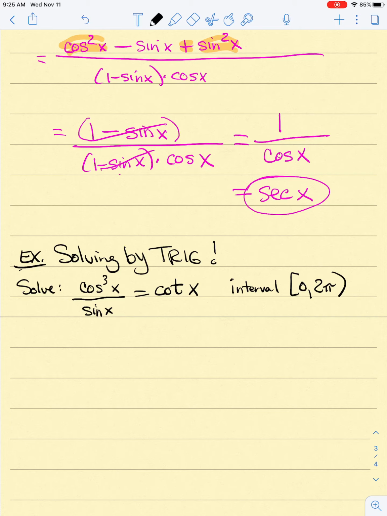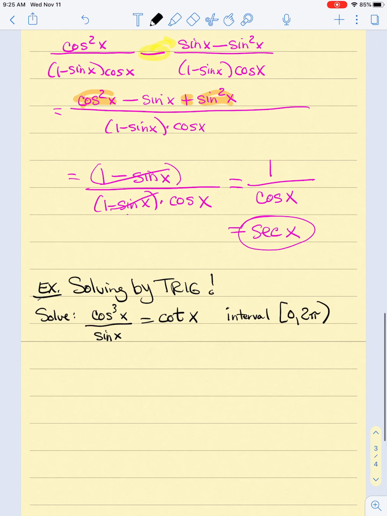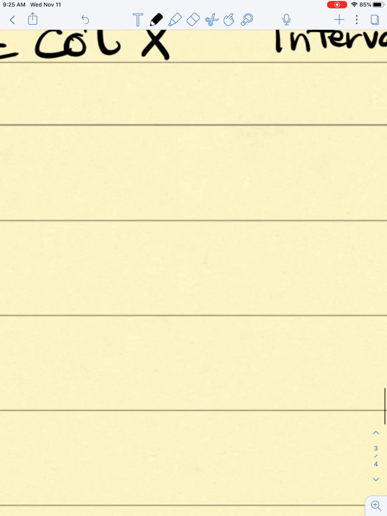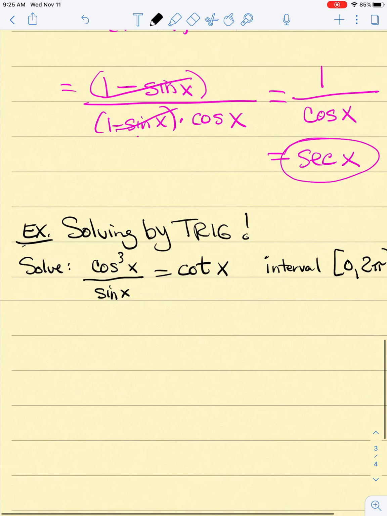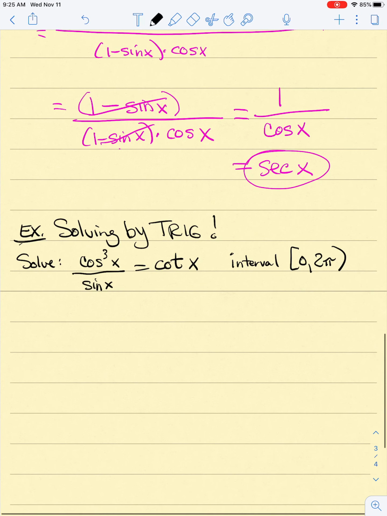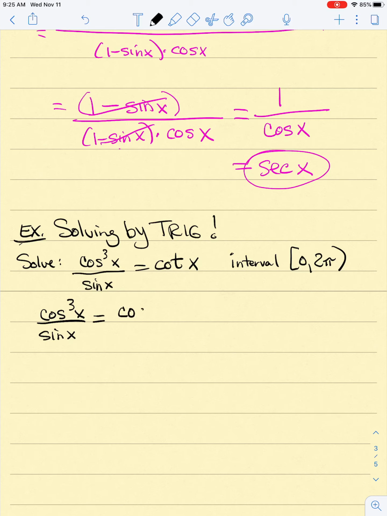All right, so first thing I'm going to do is take that cotan and change it into sines and cosines after I make you dizzy by moving my screen. So cosine cubed x over sine x is going to equal cosine x over sine x.